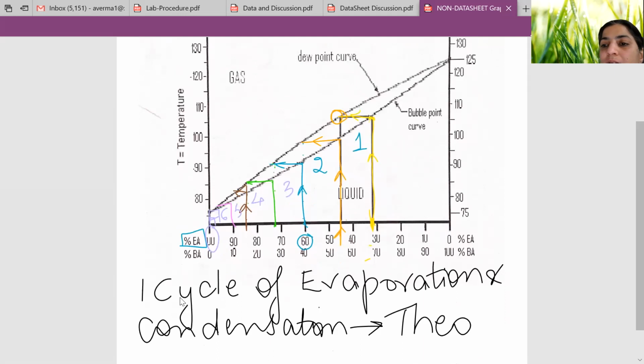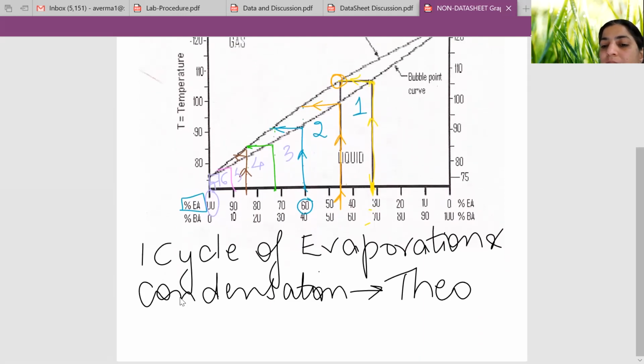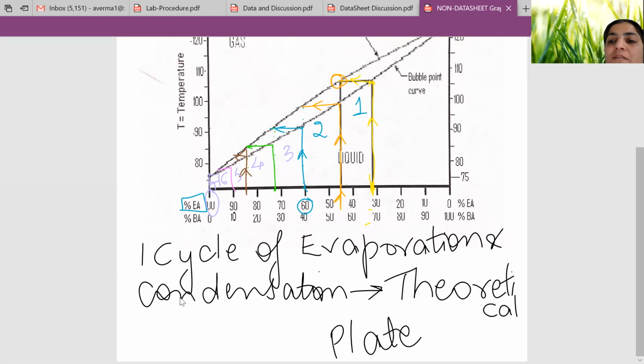Theoretical plate. So this is the difference between reflux and theoretical plates.